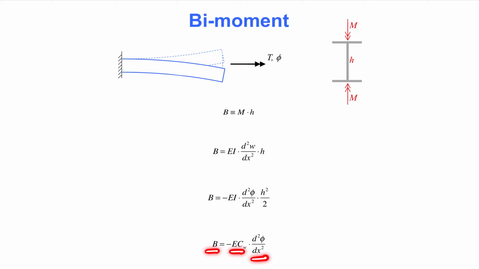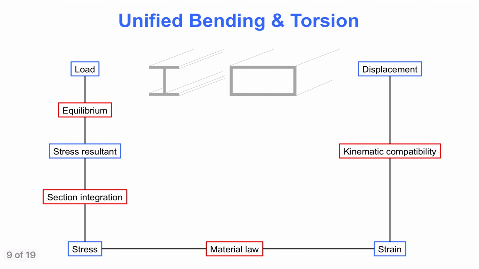At this point in this video, we have only seen warping torsion for wide flange cross-sections. Next, we will derive the general theory for warping torsion of other cross-section types. As usual for the boundary value problems that structural members represent, we will address equilibrium, section integration, material law, and kinematic compatibility.